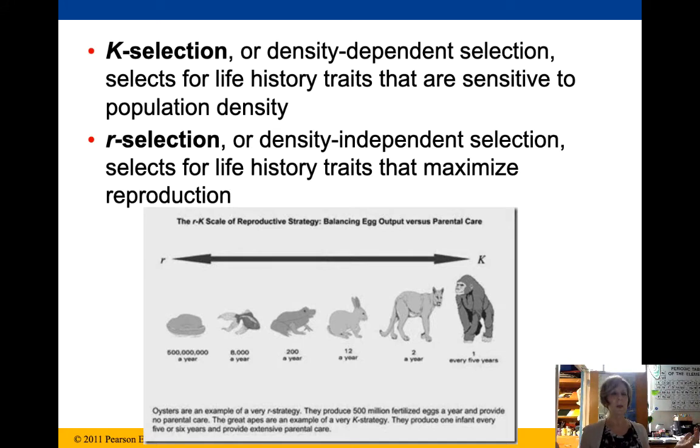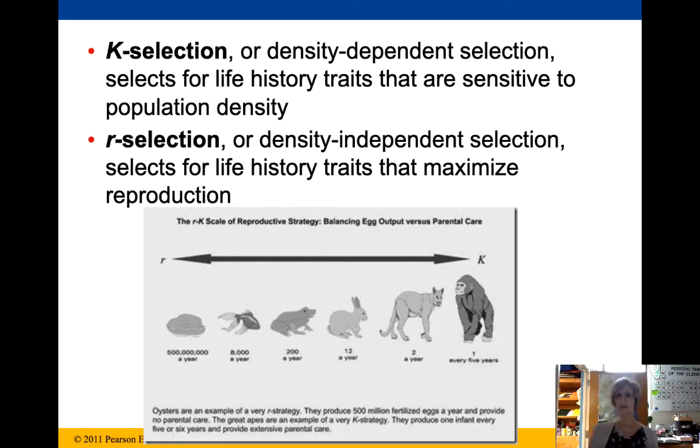And so these are organisms that have life history traits that are more sensitive to population density and are not likely to have big numbers of offspring, because they're focused on the long haul.